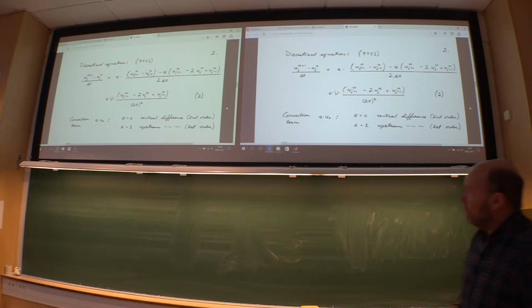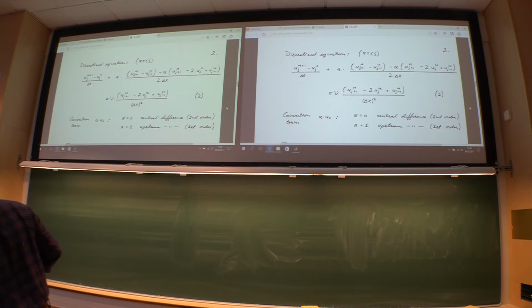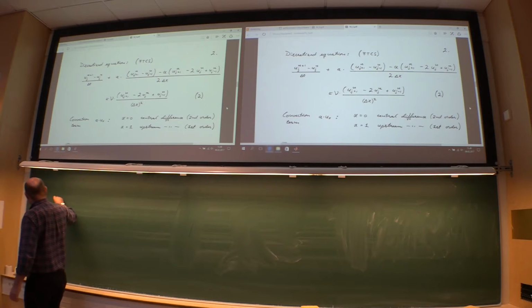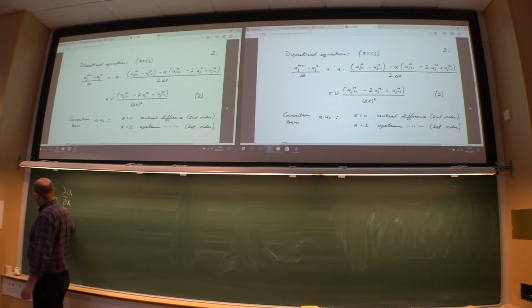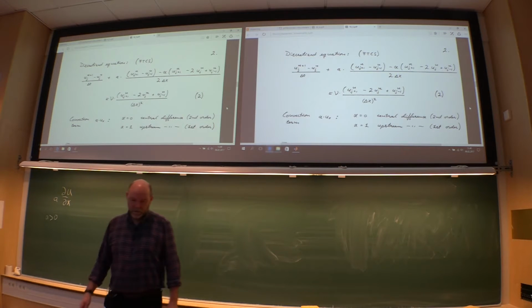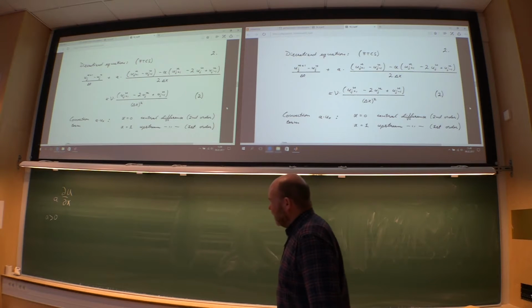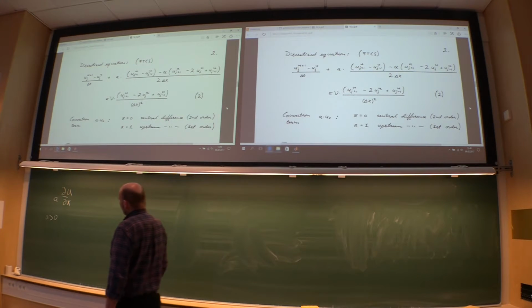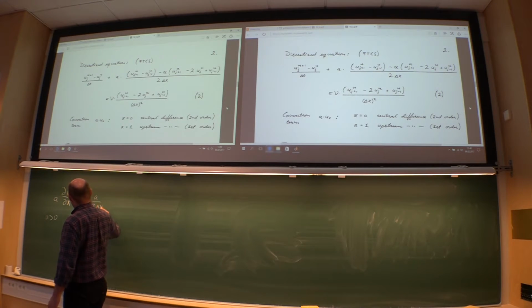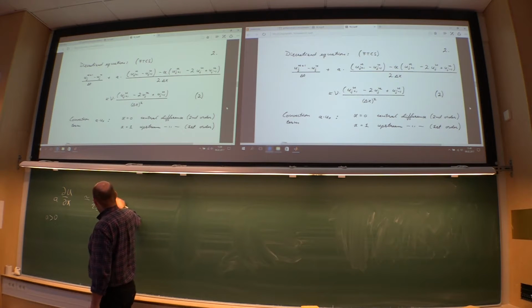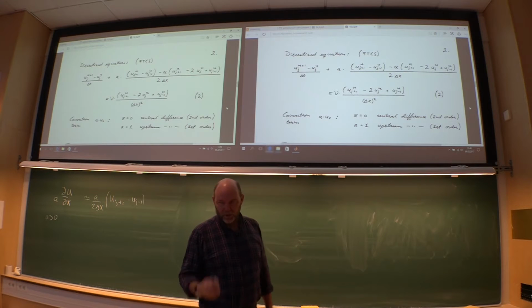If you look at the term that involves u_x, and now we say a is positive, so we know the information is traveling to the right. If you want that one to be a central space scheme, you would write a over 2 times delta x, and then multiply with u_{j+1} minus u_{j-1}. That's a central scheme. That's second order accurate.